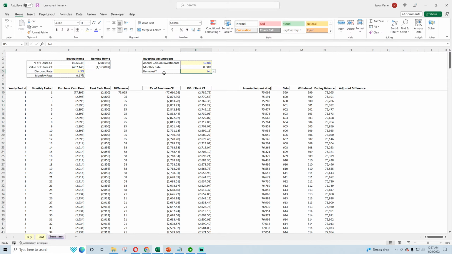Let's assume dividends are reinvested. Let's just do this scenario first, just to see. So gains are reinvested. So you're making this amount.